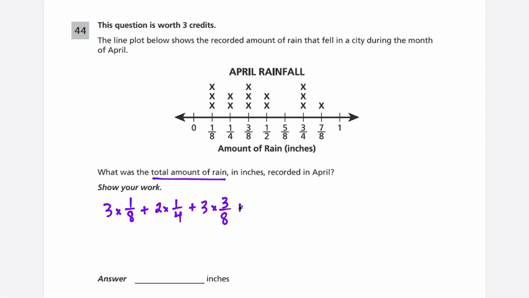This is still going to be a long sum, but it's not going to be as bad as if I didn't use multiplication. So now we have 1/2 showing up twice, so 2 times 1/2. And then next 3/4 shows up 3 times. We have 3 times 3/4. And then we have 7/8 showing up once. Okay, and now for this, what we could do is when you multiply a fraction by a whole number, you just have to multiply the numerator by that number.